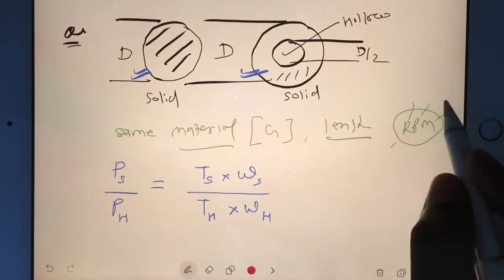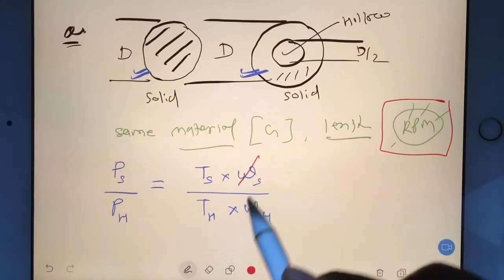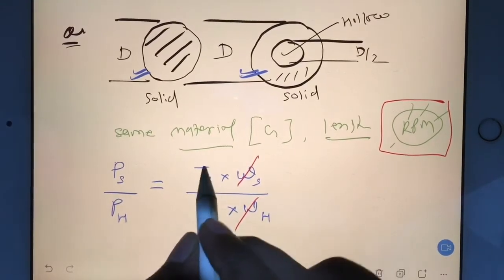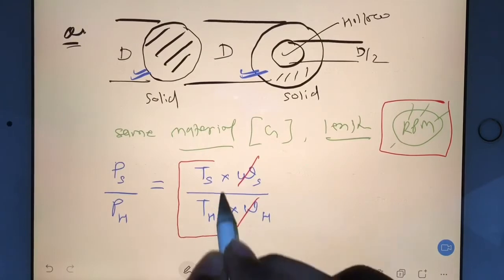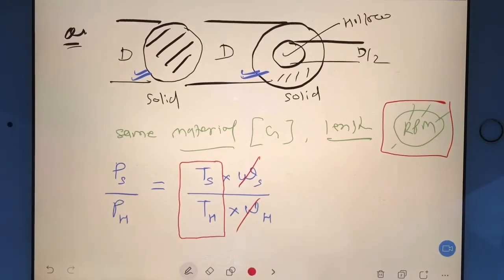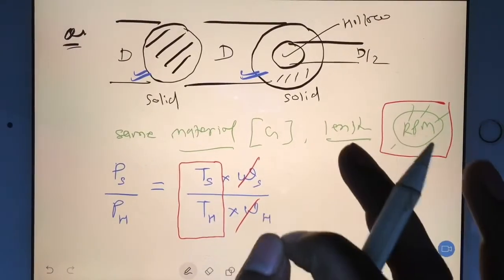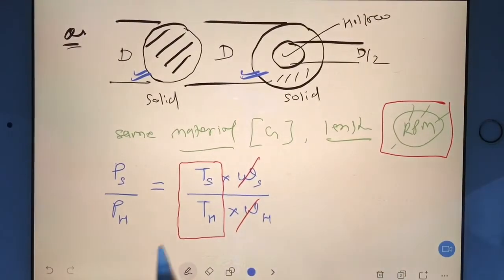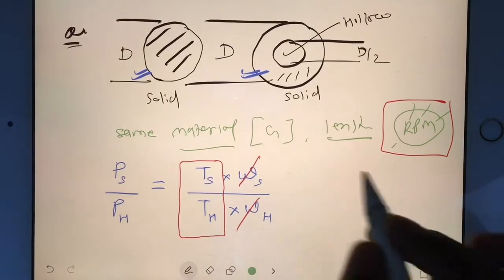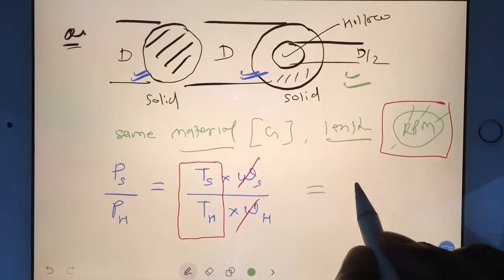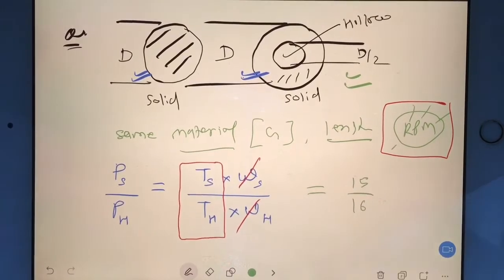Because we have considered same RPM, omega will get cancelled. It means now torque and torque, these two are our important factor. And in the previous class you have already seen how to find the ratio of torque, right? In the last class, using the same data, this ratio came as 15/16.